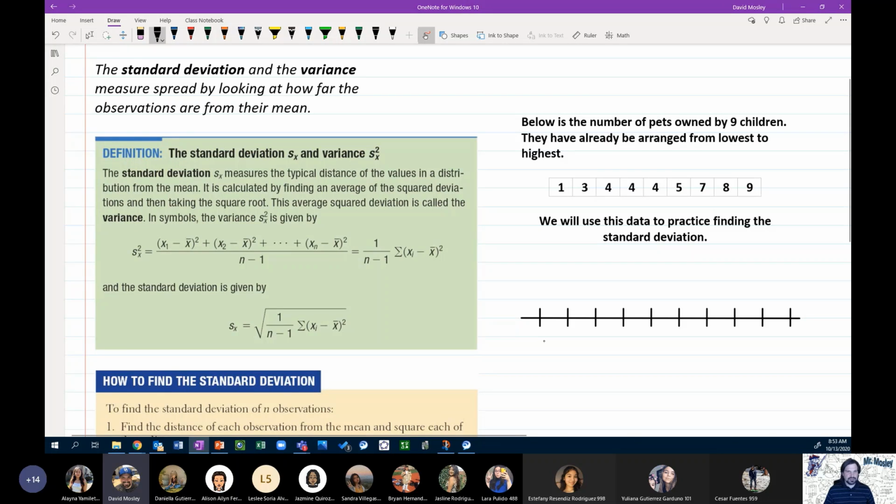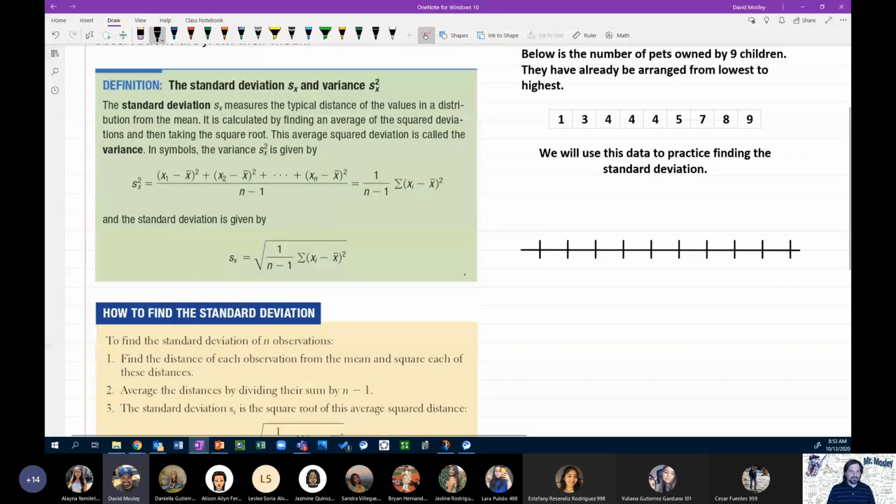We're going to start by making a number line and a dot plot so we can see a visual representation of our data. There's not a ton of data points, so it's not too horrible. 0, 1, 2, 3, 4, 5, 6, 7, 8, I need to write the 8 there, 9, and we'll use red, why not?